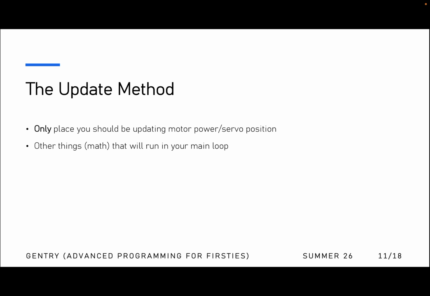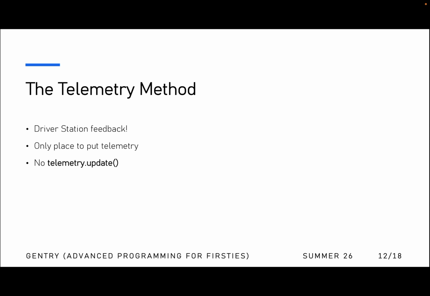However, make sure you set it once at the very bottom of your update method. This is basically where your main loop is going to be for your subsystem, so setting motors and taking gamepad input and all that kind of stuff is going to be in this function. The telemetry is the driver station feedback.